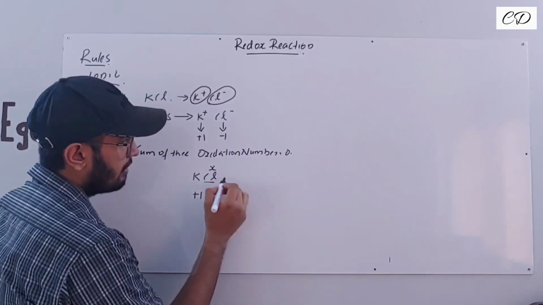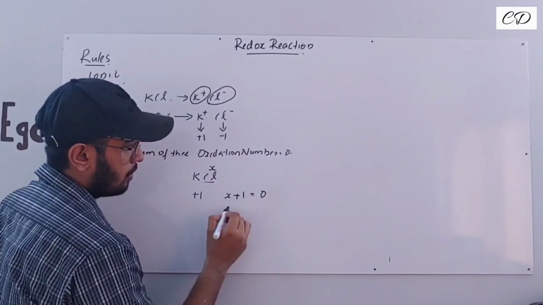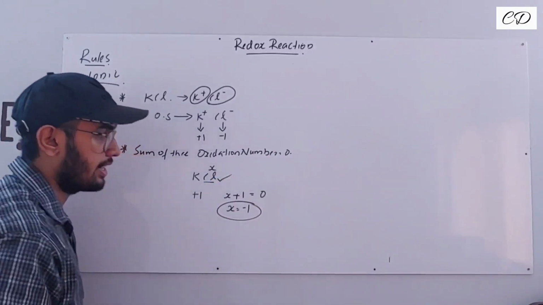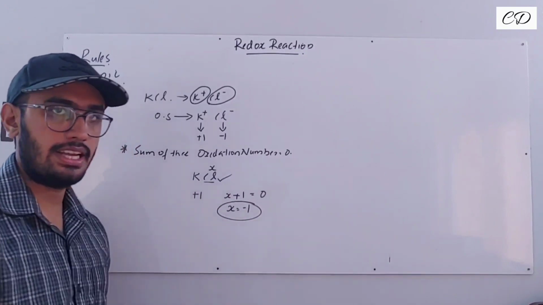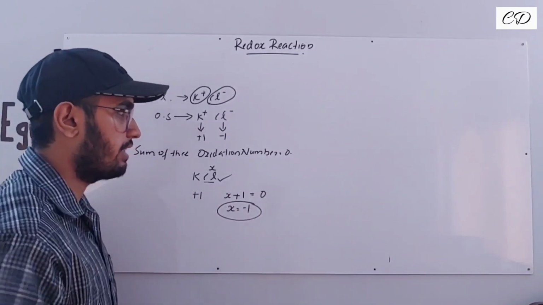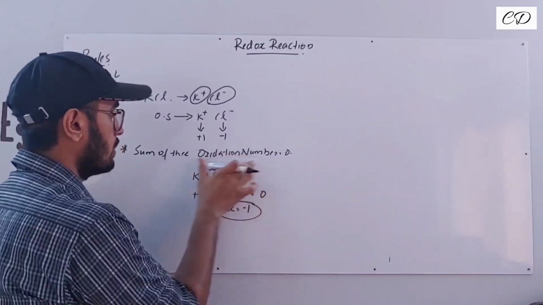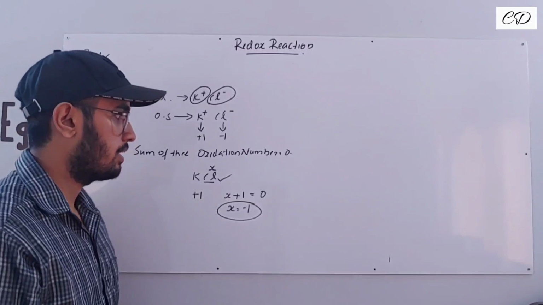So we write X plus 1 is equal to 0, or X is equal to -1. So -1 is the oxidation state of chlorine. This is the method to find oxidation state. I will discuss it in detail later. For now I just want you to get an idea about the sum of the oxidation numbers being equal to 0.